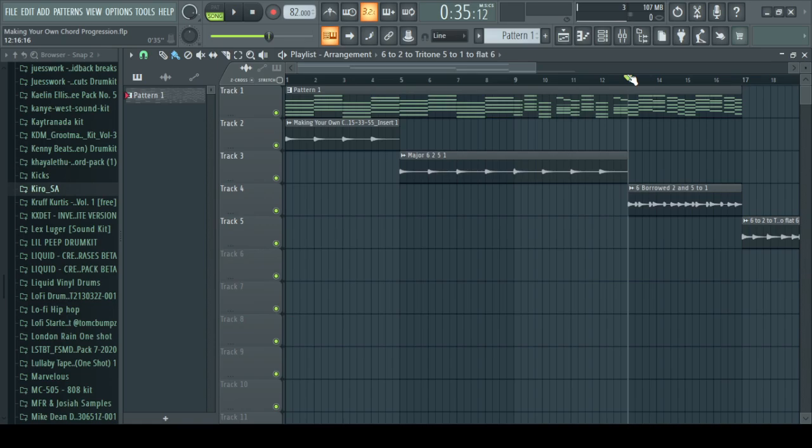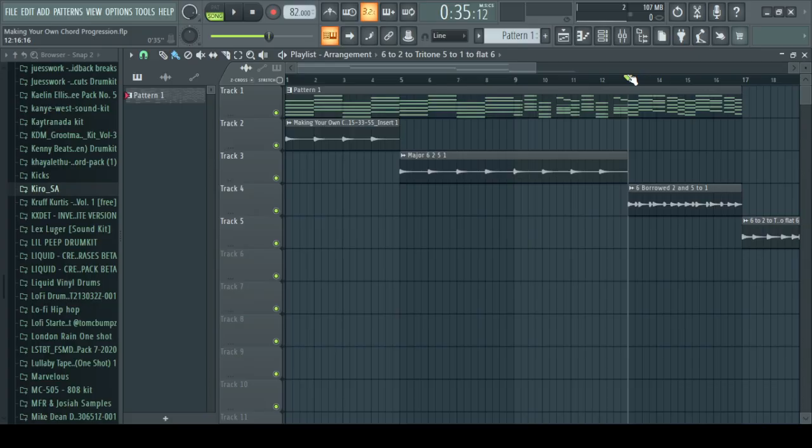And to make another new chord progression using the 6-2-5-1, I now did a tritone substitution of the 5 chord, and in short, a tritone substitution is when you play the 5 chord 3 whole tones away from your normal 5 chord.